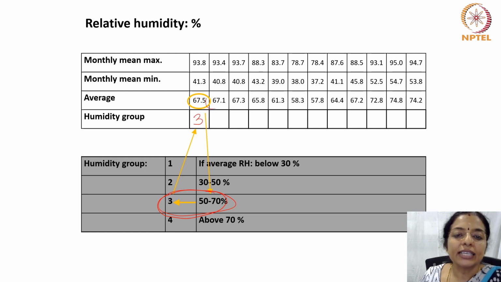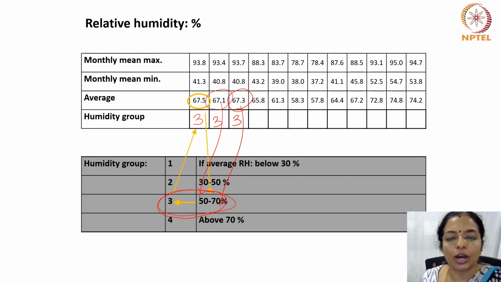Similarly, 67.1 falls in this category, it is 3. 67.3 falls in the third category, it is 3. And so on and so forth. This is how you will write. Now here you can see above 70. So this will fall under category humidity group 4. Similarly, this is 4 and this is 4. Like this, you will enter the values for each of the months. And this is how your table will look after you enter the humidity group.